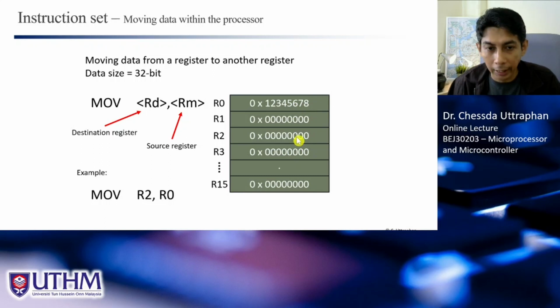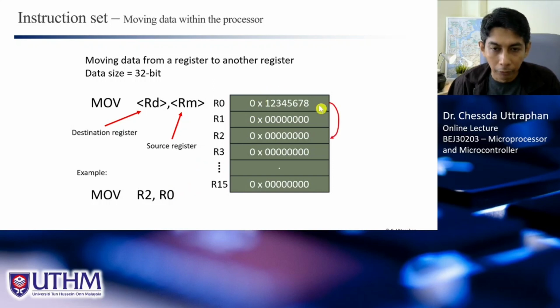Some of the microprocessors, especially the CISC one, because CISC we learned already, they have many variants of instruction, and because of that, the size of the microprocessor is bigger and the complexity is more complex. So for RISC or ARM, when you want to move, all 32-bit will go to R2.